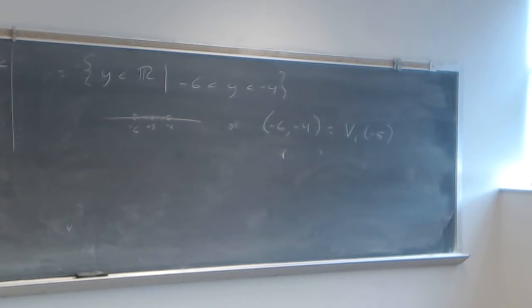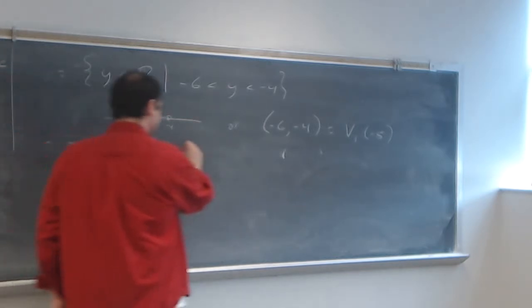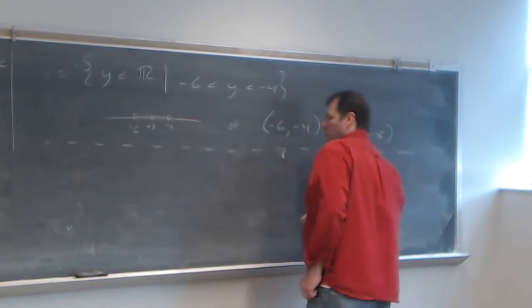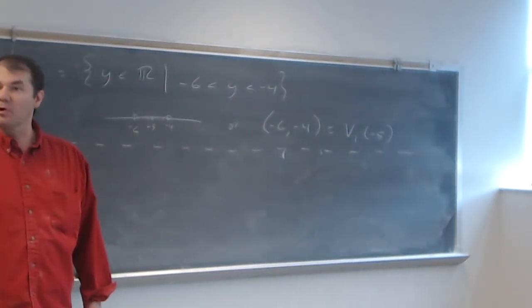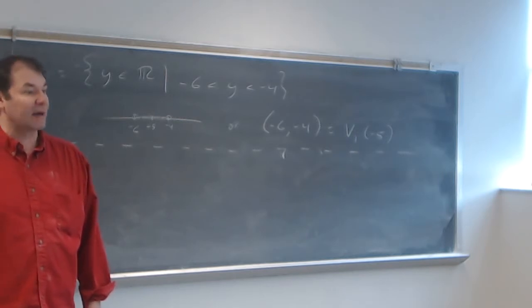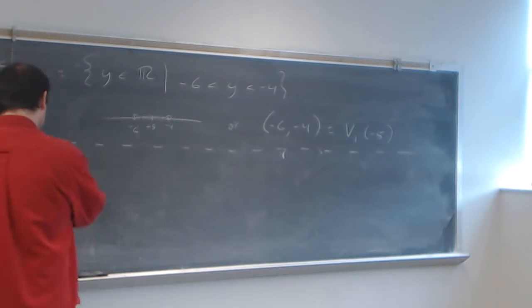And the next thing I want to do is I want to talk about sets and give some definitions here. I'm kind of switching topics a little bit, moving towards something called the completeness property of R. To do that, we're going to talk about some definitions about sets. So here's my first definition.